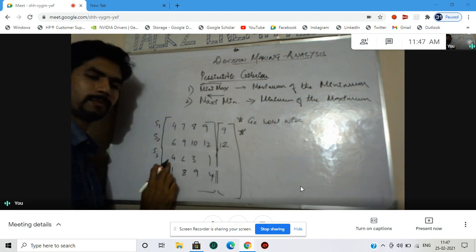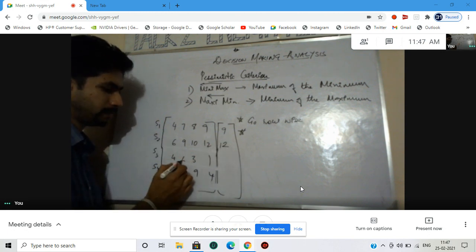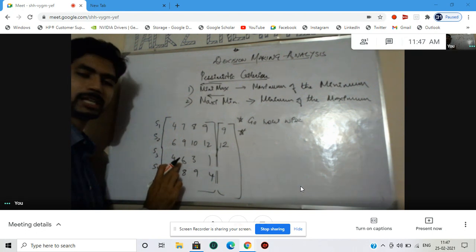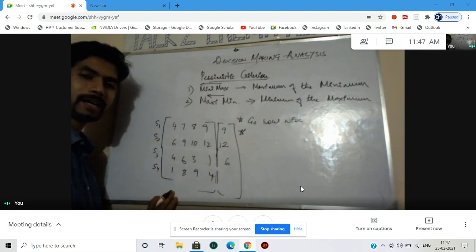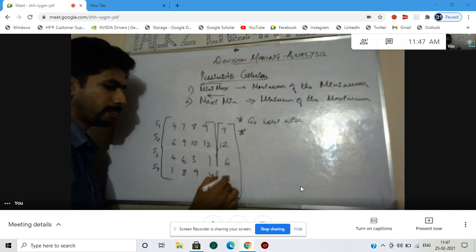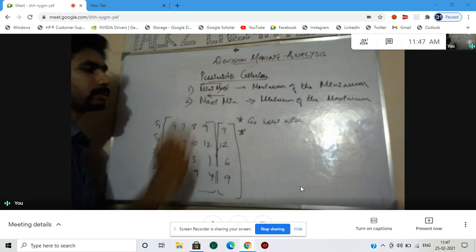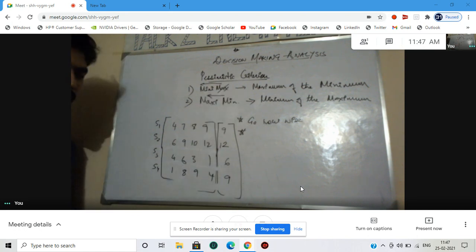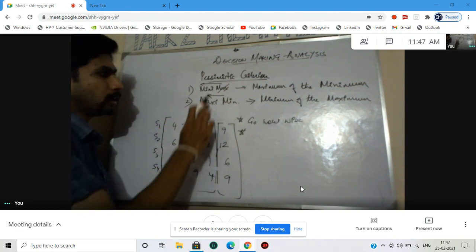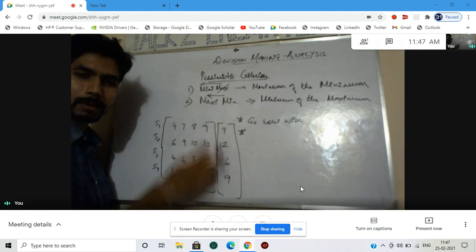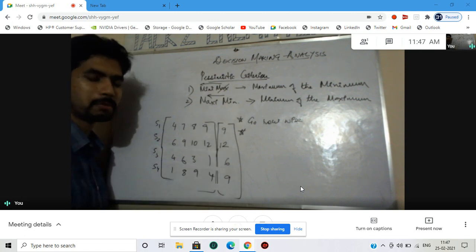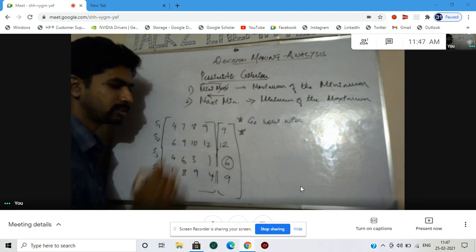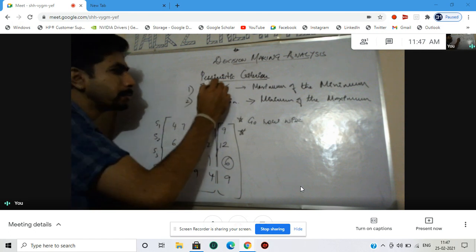In the third row, the maximum is 6. In the fourth row, the maximum is 9. So I am done with maximum. Next, I should see the minimum value among the selected values. So which is the minimum value among the selected values? 6. This is the minimum value.